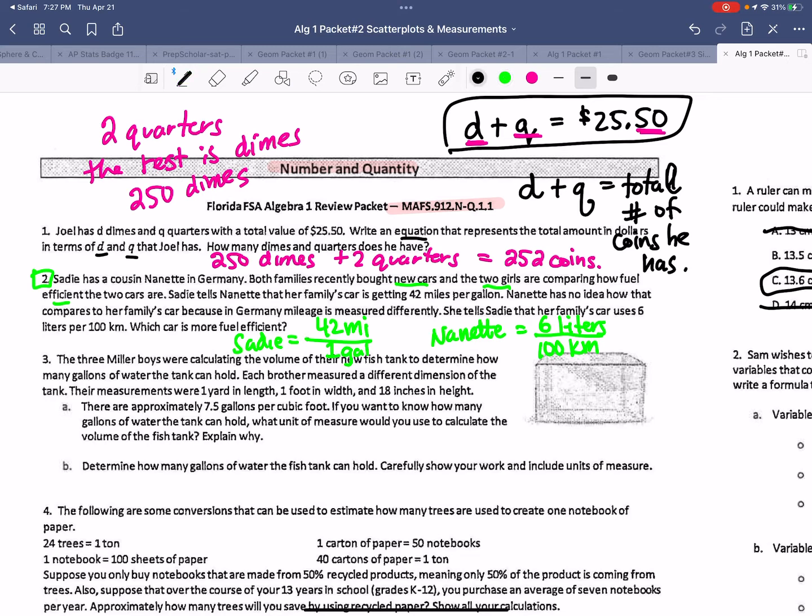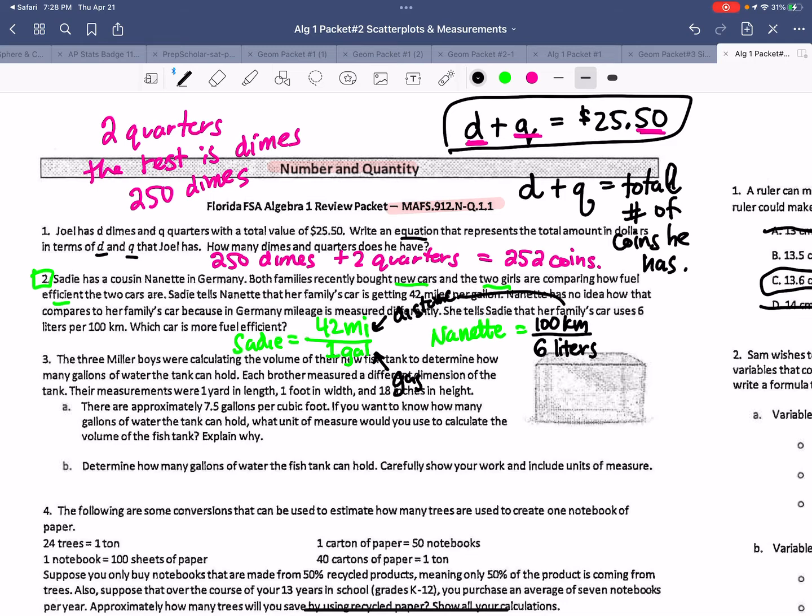So notice this is distance. And this is amount of gas, okay? So regardless of how they ask Nanette, if we're going to compare the two, we have to say that distance, we went 100 kilometers, and amount of gas, 6 liters. However we do it, we have to show it in the same way.